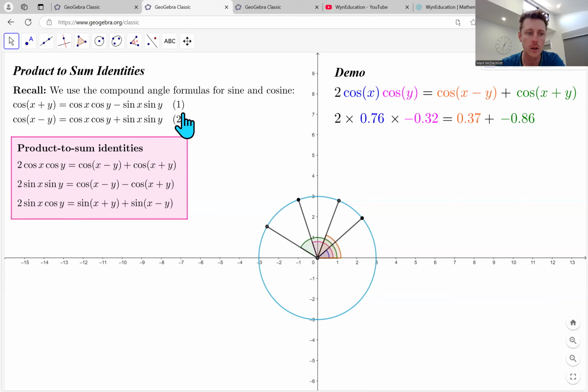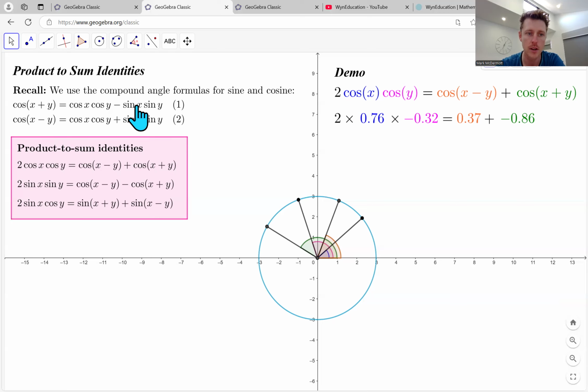I think you would agree that if we were to add equation 1 and equation 2, on the left-hand side we would get cos(x plus y) plus cos(x minus y). So you can see that that would match the right-hand side of this equation here.